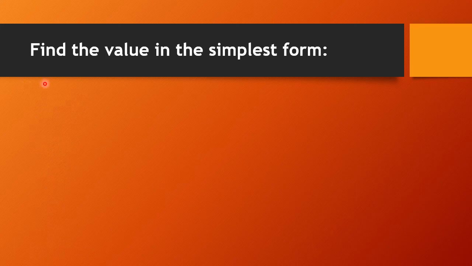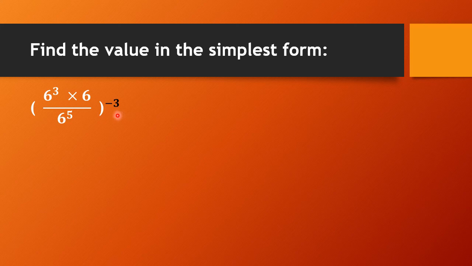Find the value in the simplest form: 6 power 3 times (6 over 6 power 5) all power negative 3. In this exercise, we can notice that the outside power is negative 3, with a negative sign.